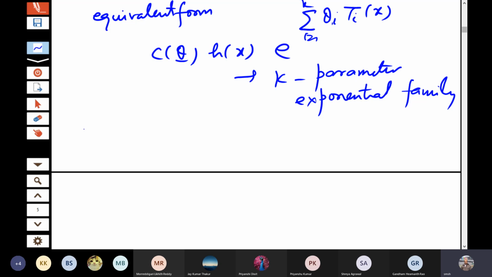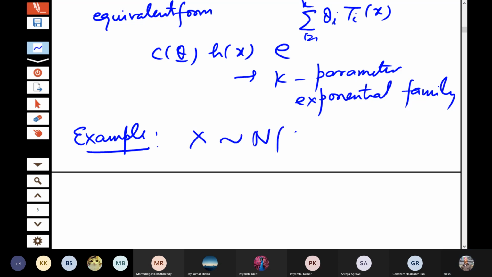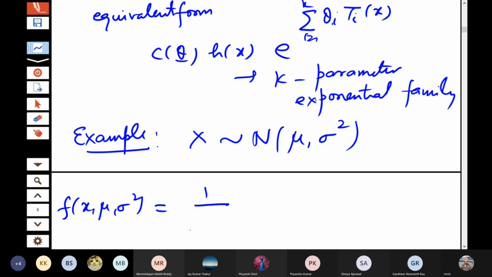So let us consider, say, normal distribution with two parameters mu and sigma square, and let us see that we can actually put it in that particular form. 1 by sigma root 2 pi e to the power minus 1 by 2 sigma square (x minus mu) square.